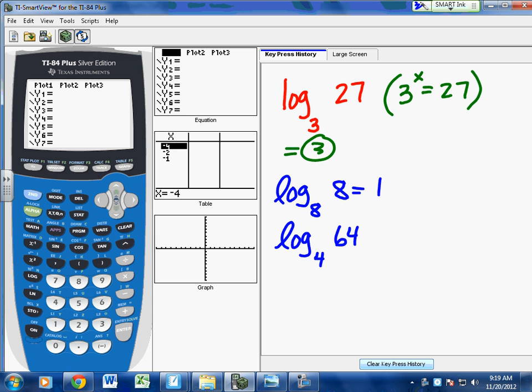It's 3, right? This is 3. Log of 36 base 6. 2, good. One more. Log of 16 base 2.